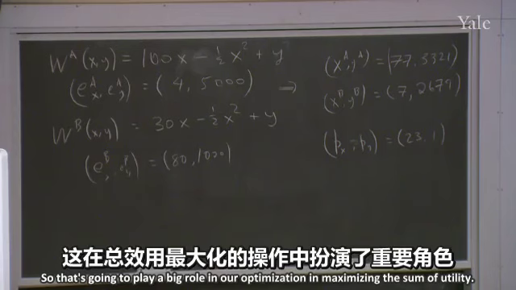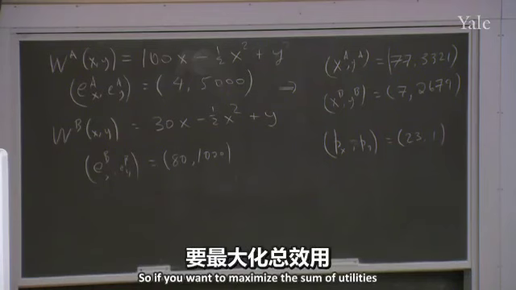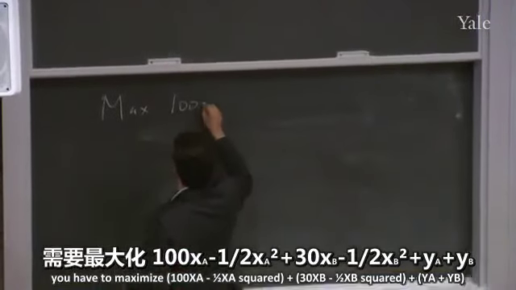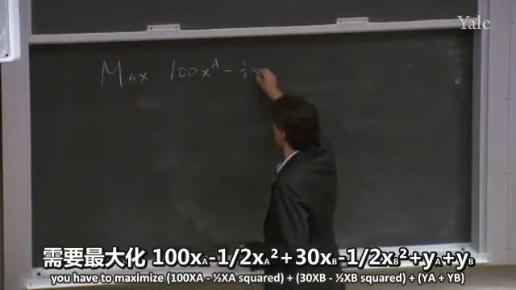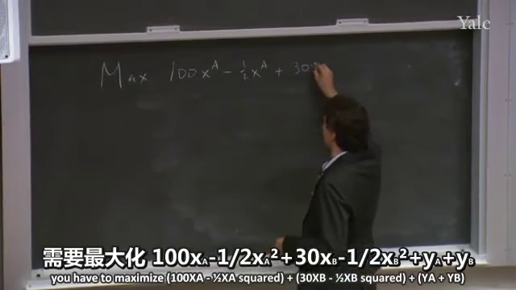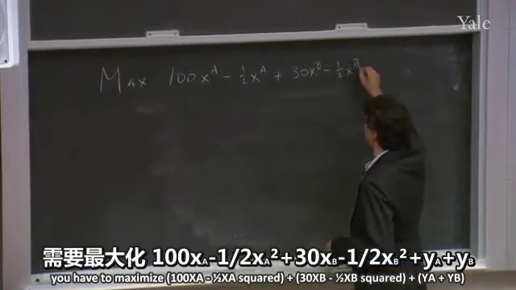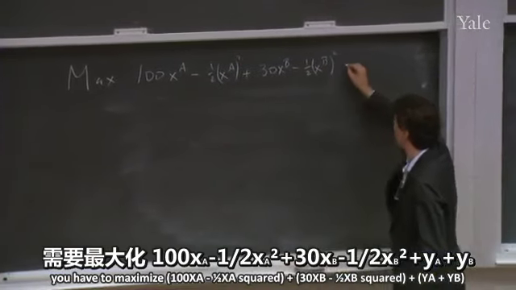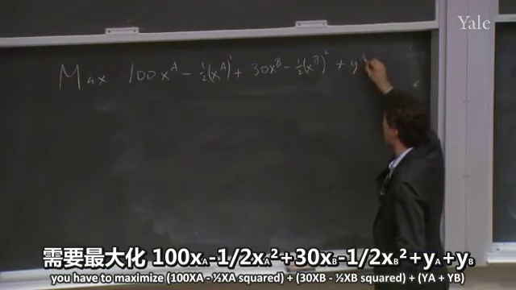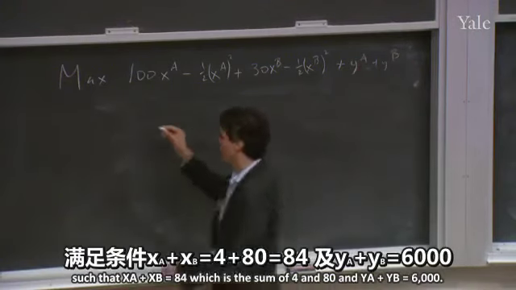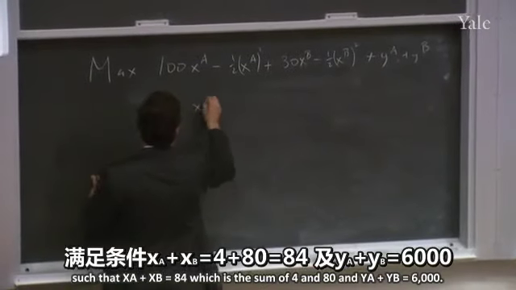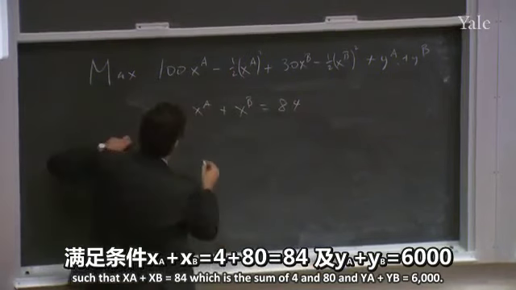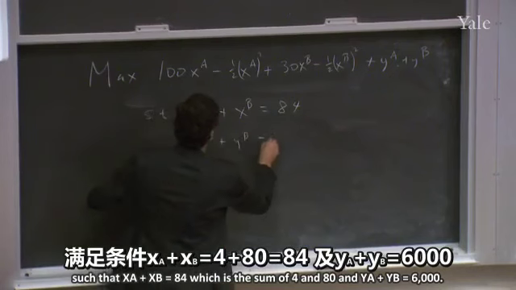So if you want to maximize the sum of utilities, you have to maximize 100 xa minus 1/2 xa squared plus 30 xb minus 1/2 xb squared, plus, let's put it at the end, ya plus yb, such that xa plus xb equals 84, which is the sum of 4 and 80, and ya plus yb equals 6,000.